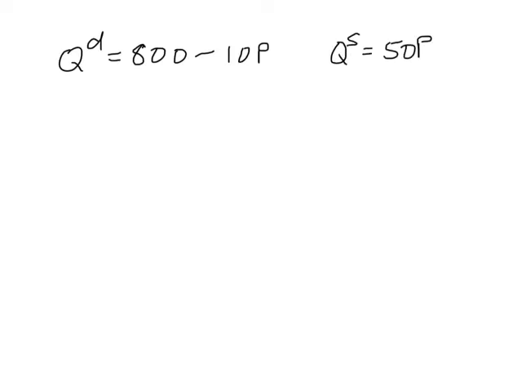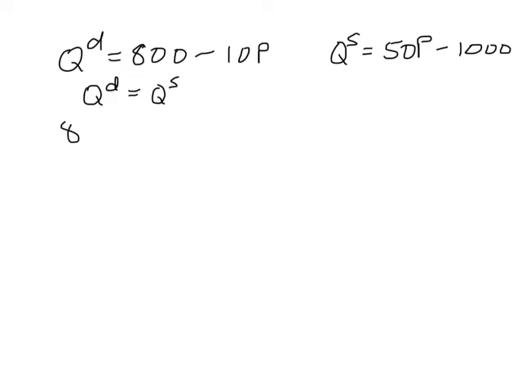All right, so the demand is given by 800 minus 10p. The supply, 50p minus 1000. And then the equilibrium condition, if there's no price ceiling, is that quantity demanded is equal to quantity supplied.